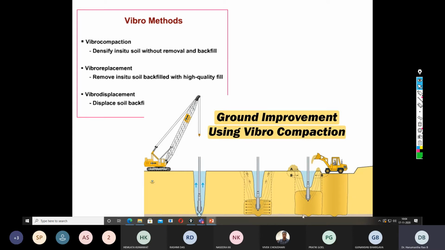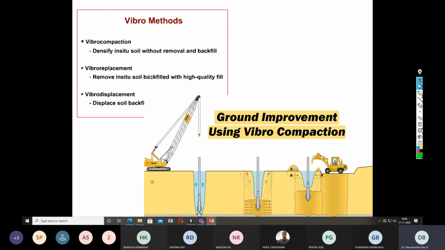So this is a granular column. This is a new column that has been created because of the vibro replacement. One of the simple examples of the vibro replacement is the stone column, ground improvement by stone column, or ground improvement by sand drains. That we will discuss in the next class. So sand drains or the stone columns are built by the vibro replacement method.